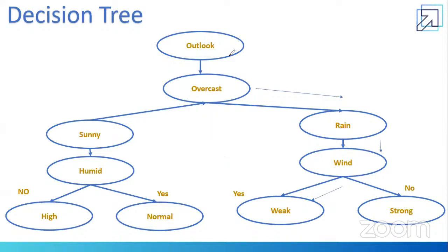So now, why do we split this data on Outlook? We could have split it on humidity, or we could have split it on wind. So how do we decide this?